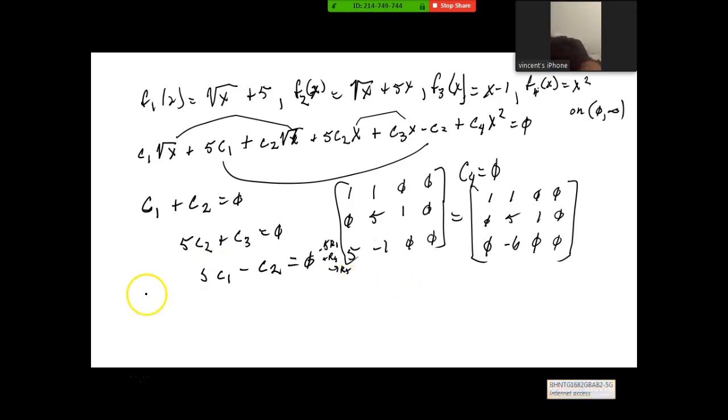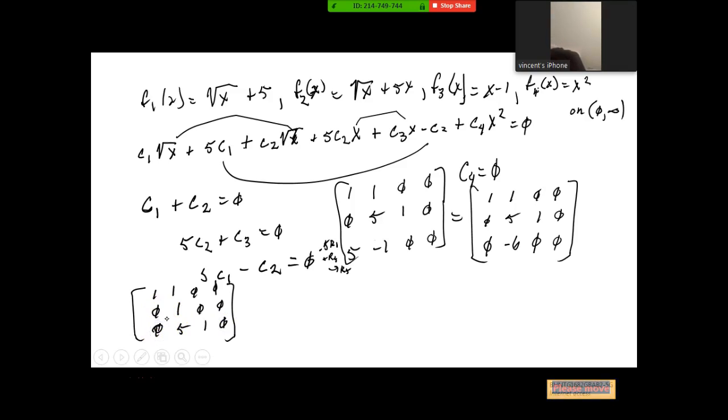So that would give me, I'm not going to change the first row, 1, 1, 0, 0. I don't really need that last one. And then the new second row is going to be a 0, 1, 0, 0. And the new third row, having flipped it, is 0, 5, 1, 0.